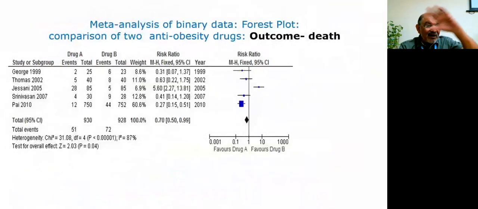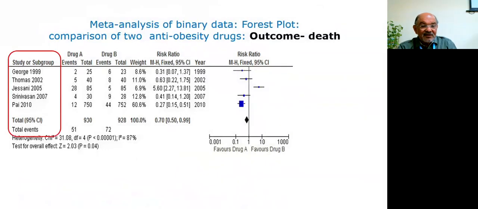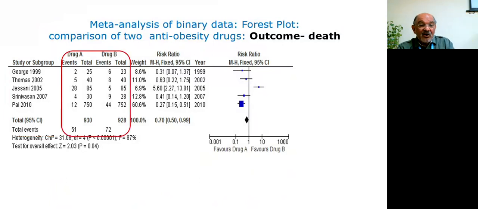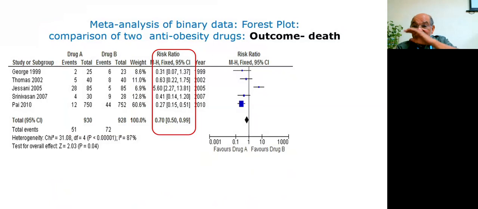Now, to help you understand the forest plot, how many studies are there? 1, 2, 3, 4, 5. Identified by the surname of the first author and the year of publication. And in these 2 columns, the number of events, people who died given drug A and drug B, out of the number of people given drug A and drug B. And that's the relative risk for each study.